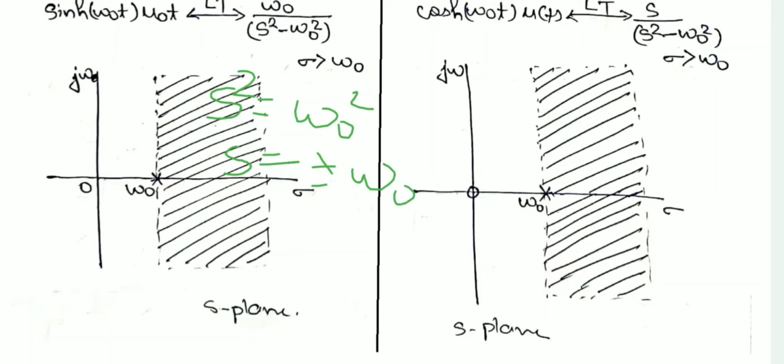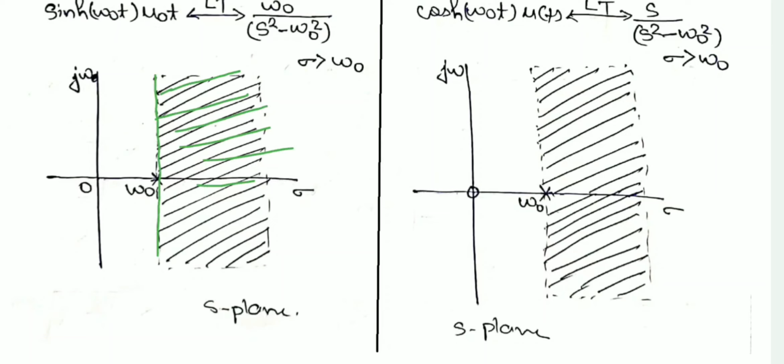One pole is on this side and one pole is on this side, and the common ROC becomes the right side of omega naught. Same for cosh: it also has two poles, one at minus omega naught and one at omega naught, and one zero at s equal to 0, and the ROC is also right sided.